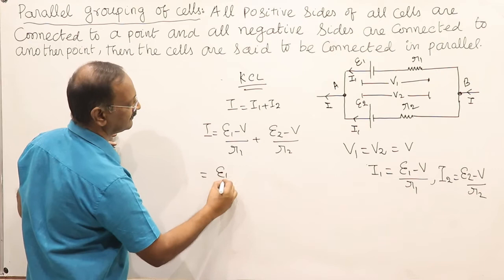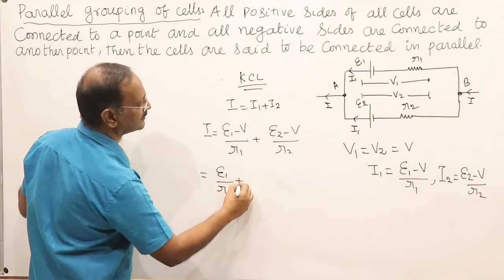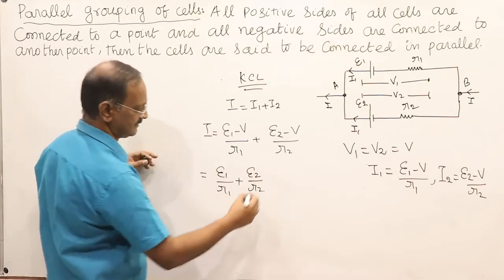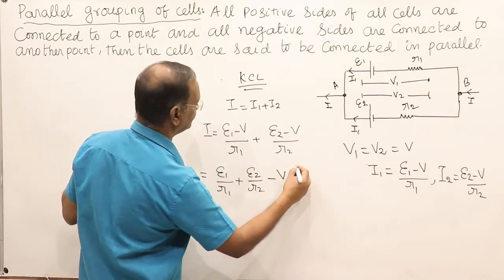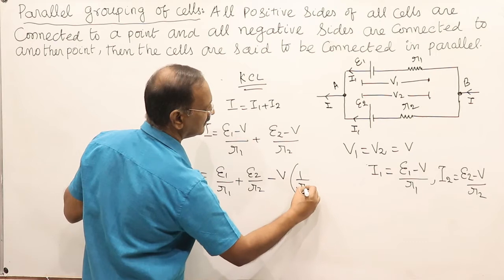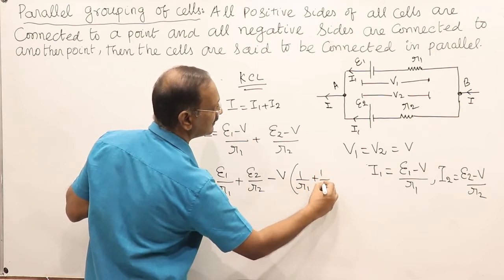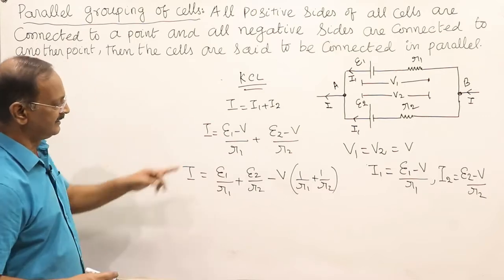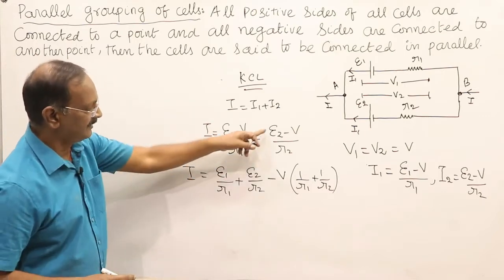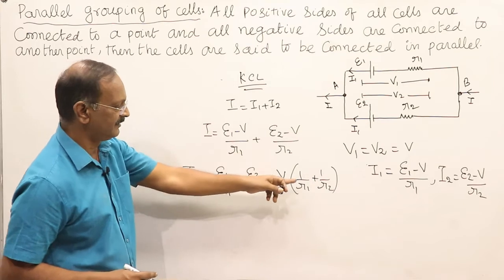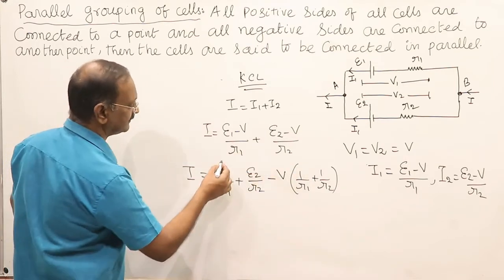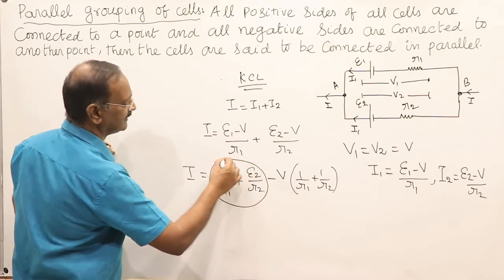This is equal to E1 by R1 plus the EMF of battery 2 divided by its internal resistance, minus V into (1 by R1 plus 1 by R2). On simplification, we have not done anything: E1 by R1, E2 by R2, minus V by R1, minus V by R2, we have just taken it. So this expression, you can hold it here.